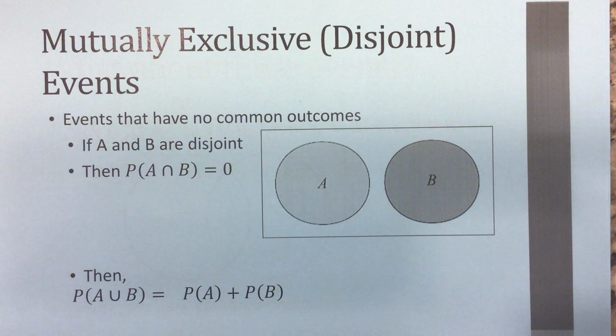But let me give you an example where you have overlap. Event A, rolling an odd number. Event B, rolling a prime number. Now there's overlap, right? Now there's common elements to those two events.